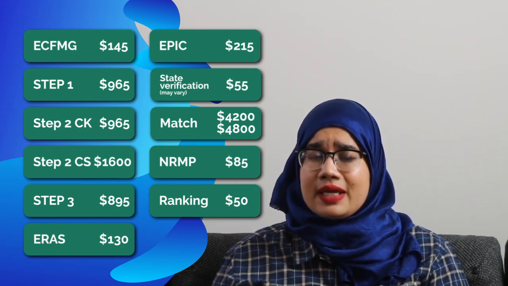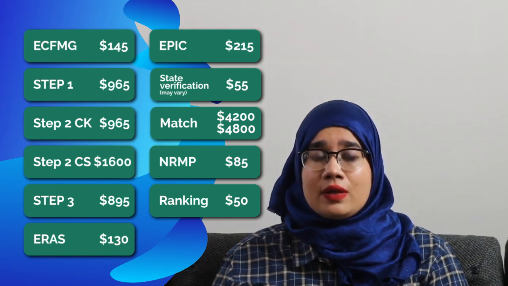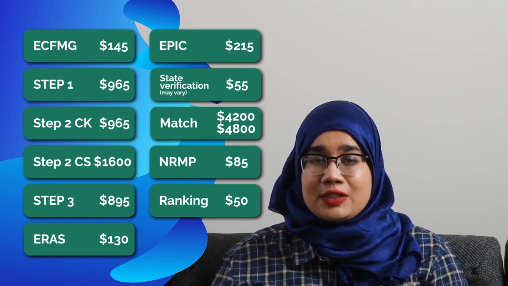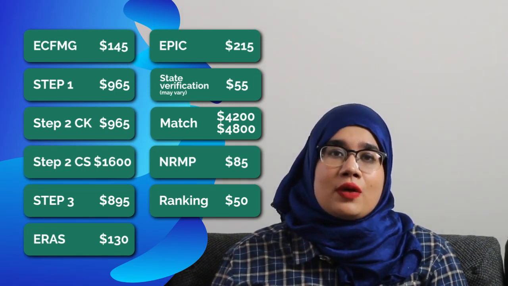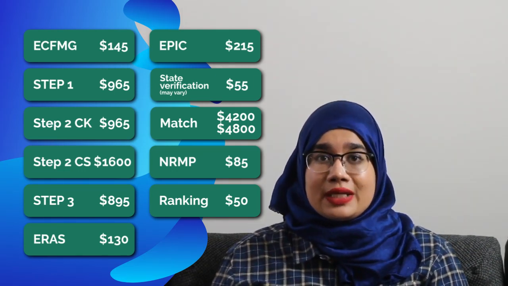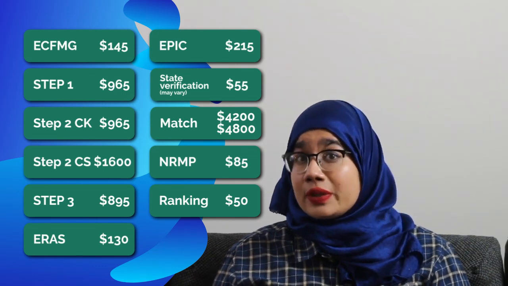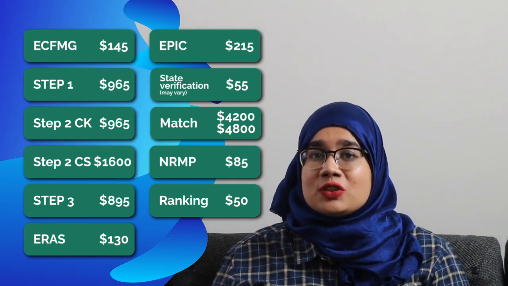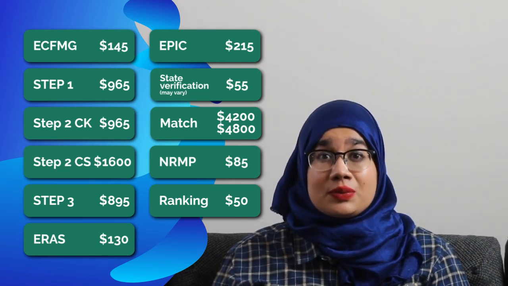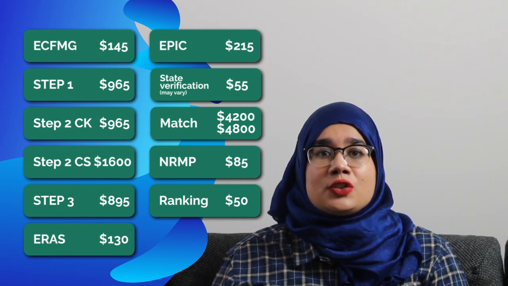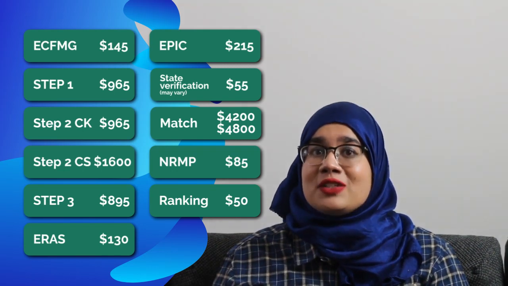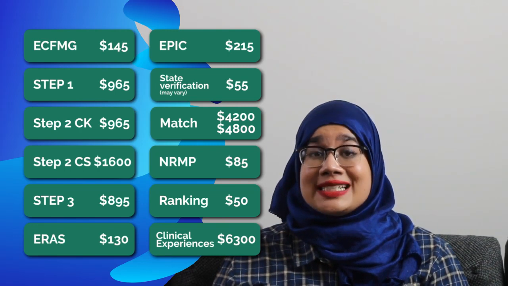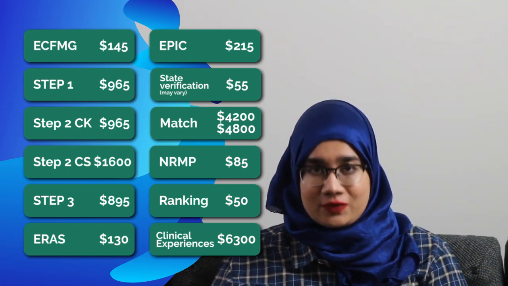You may be lucky and be able to find stuff that don't cost anything at all, but the most suggested form are the clinical experiences that you can partake in. We averaged out the cost of most clinical experiences throughout the United States, and they typically cost $2,100. And it is suggested to at least have 3 months worth of these clinical experiences or observerships or externships. So if you were looking into that, you would have to pay $2,100 3 times. So a total cost of $6,300 just for that.